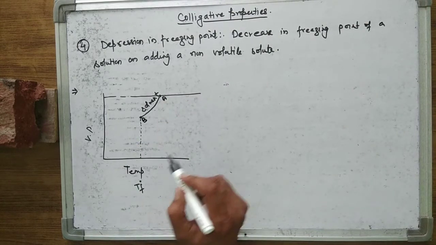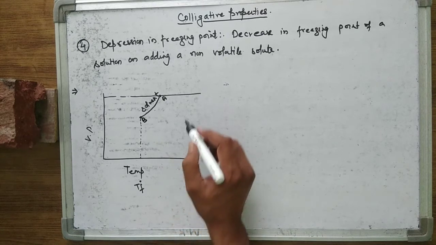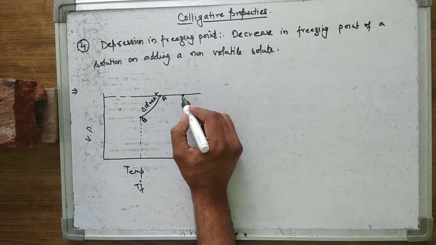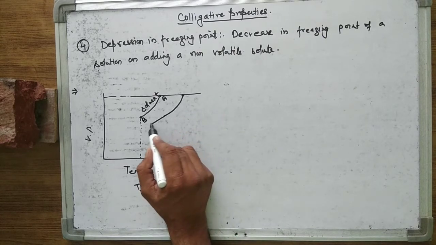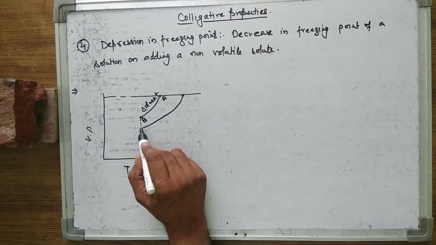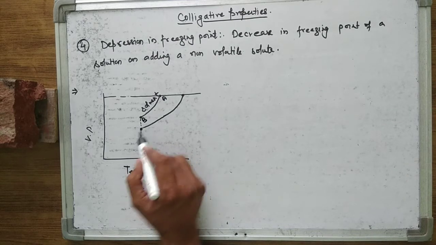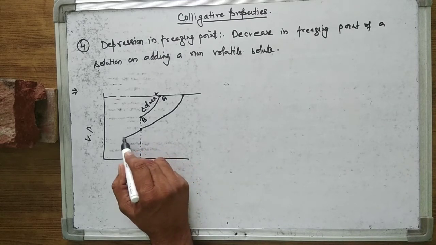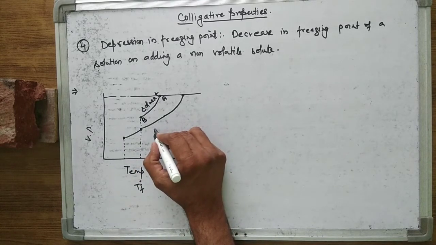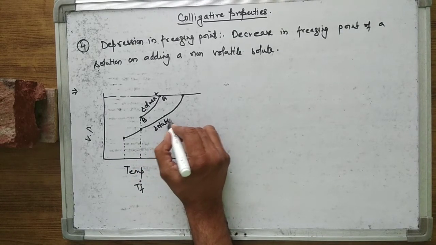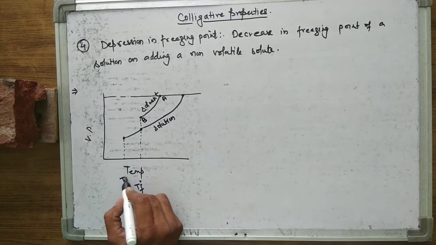On adding a non-volatile solute, it changes to a solution, and now we start to freeze from the atmospheric pressure. This is the point where the solvent freezes, but the solution does not freeze at this point. It freezes at a lower temperature than this. This is the freezing point of a solution, TF.